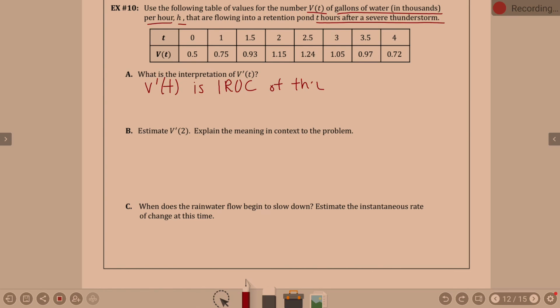Of thousands of gallons of water per hour, and that would be after T hours. And that is flowing into, I'm just going to put pond.